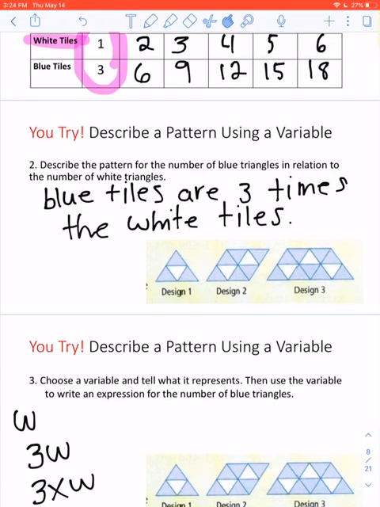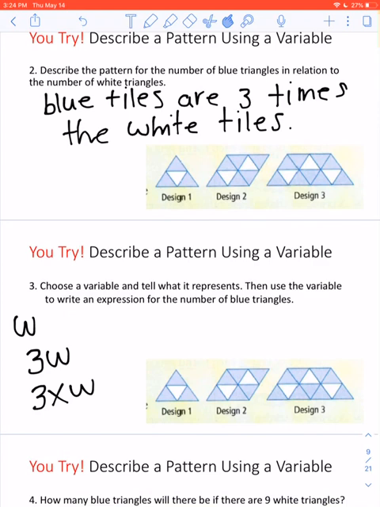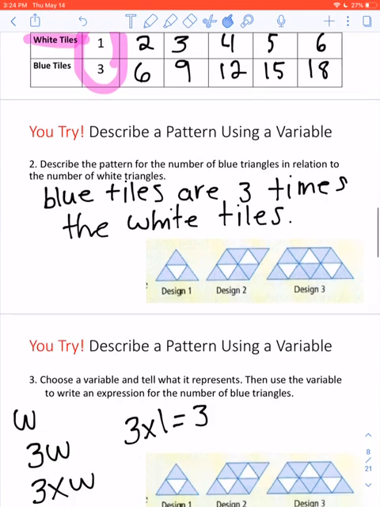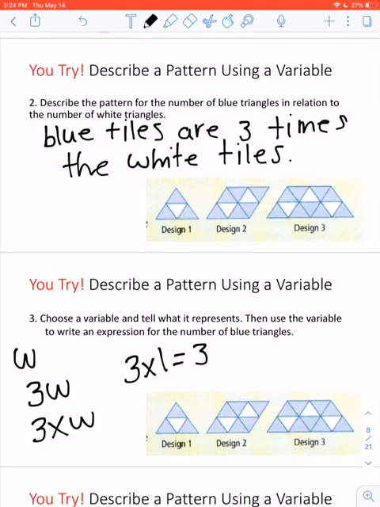If the white tiles were 1, we can plug in this value. 3 times 1 equals 3. So when the white tiles are 1, there's going to be 3 blue tiles. Let's try this again. When the white tiles are 2, I'm just plugging in the number for the W. So 3 times 2 equals 6. This is the number that should be in my chart for the blue tiles.